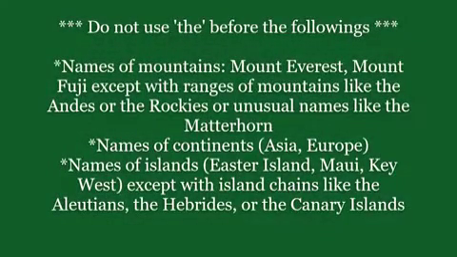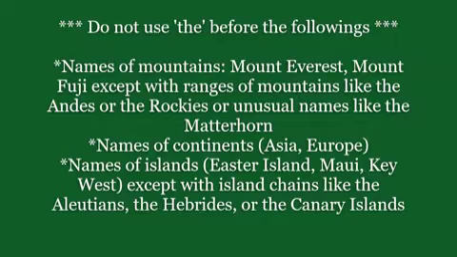We will not use the before the following: names of mountains like Mount Everest, Mount Fuji, except the exceptions with ranges of mountains like the Andes or the Rockies, or unusual names like the Matterhorn.